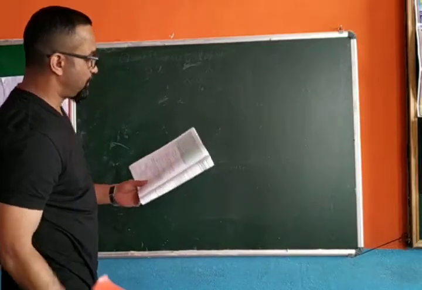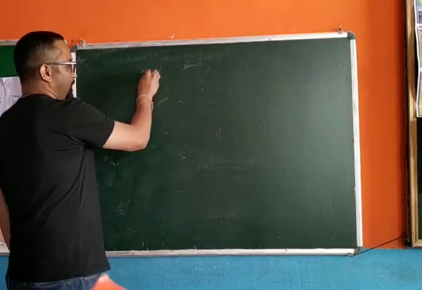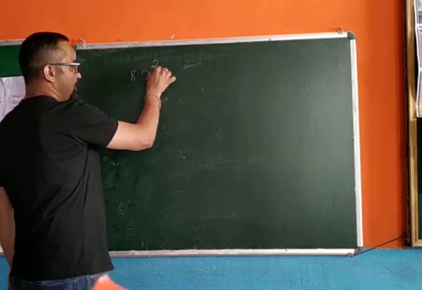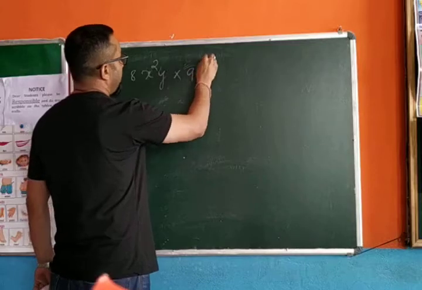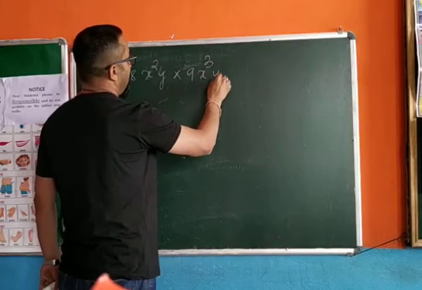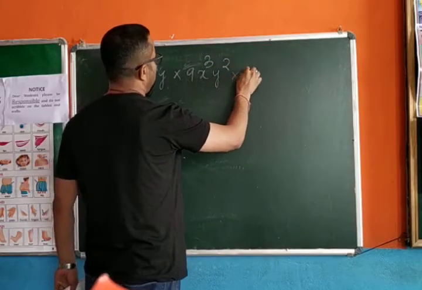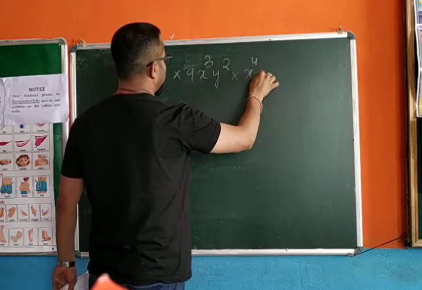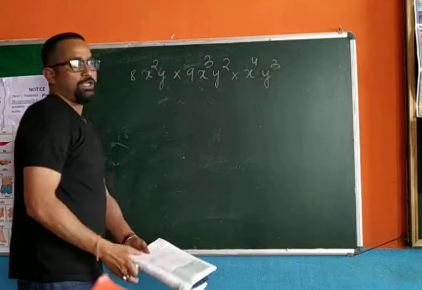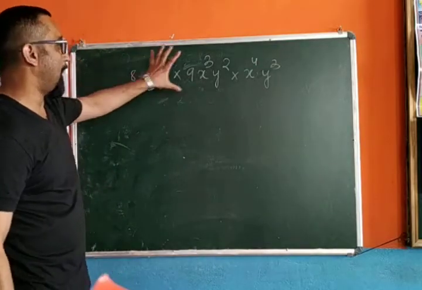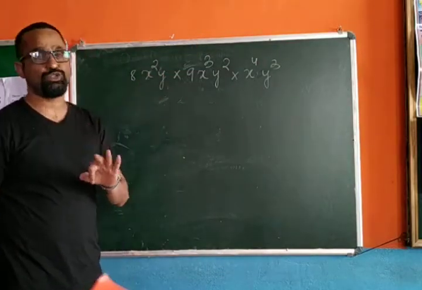Look at the example here. 8x squared y multiplied by 9x cubed y squared multiplied by x to the power of 4 y cubed. The given question has 3 terms.